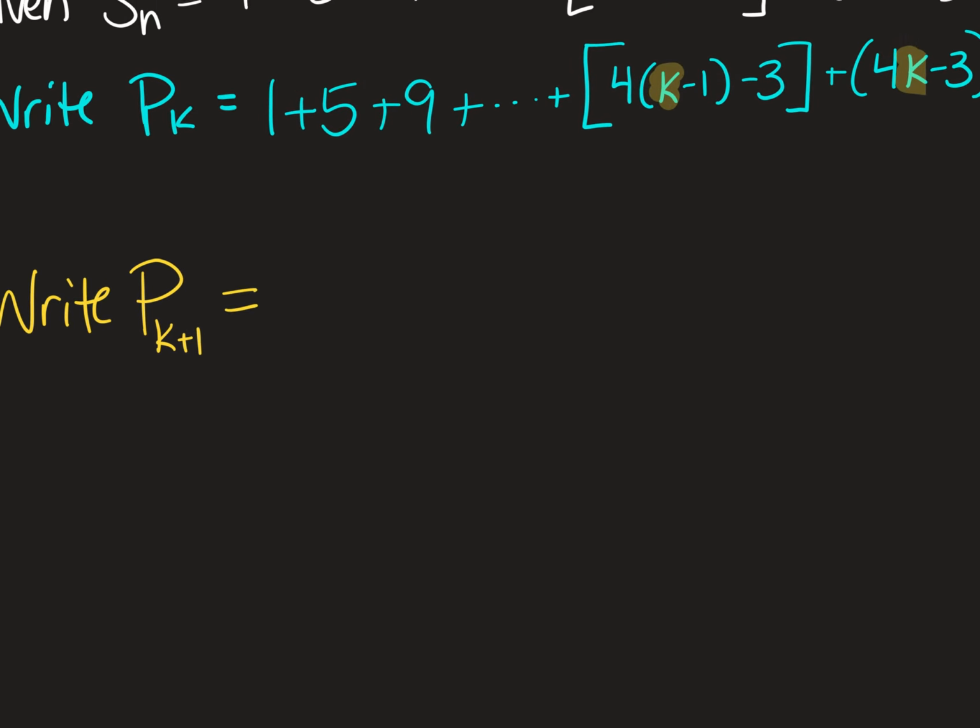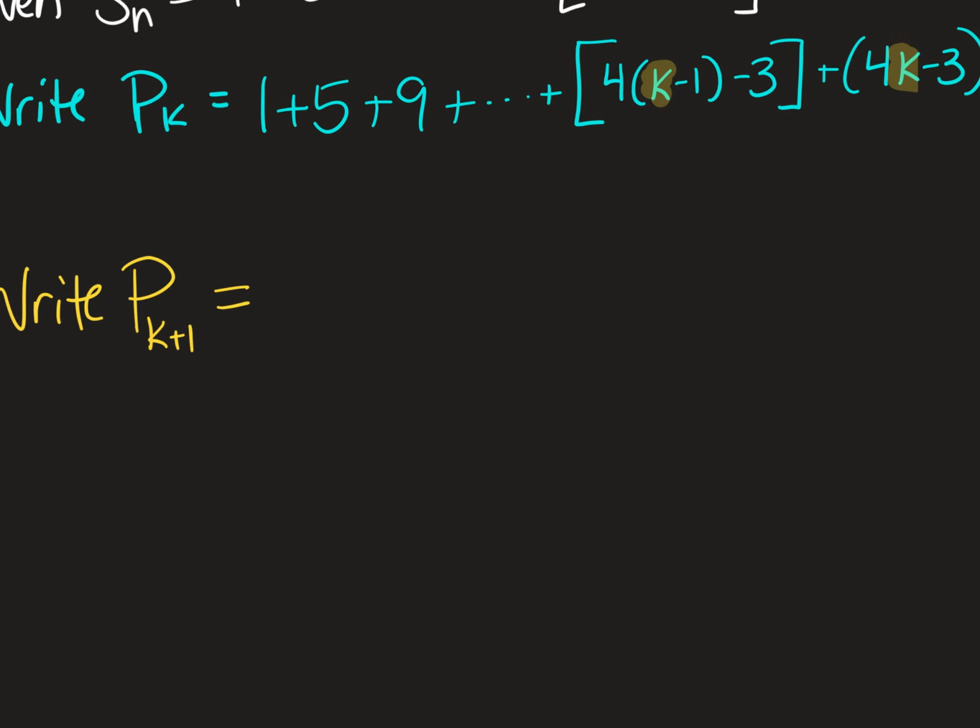All right. I'll keep that on the screen so we can see it. All right, so we've got 1 plus 5 plus 9 plus ... plus. All right. So instead of k, I'm going to use k plus 1. So it'll be 4 times k plus 1, and then minus 1, minus 3.